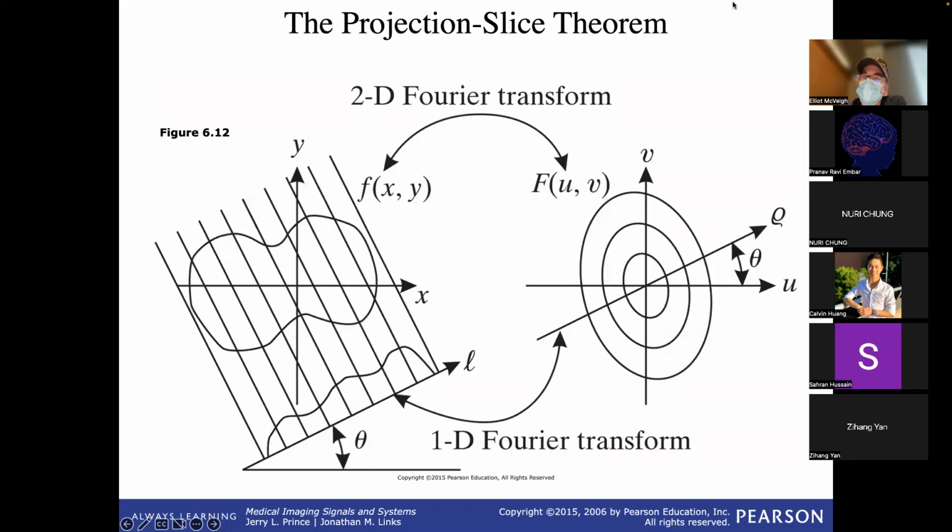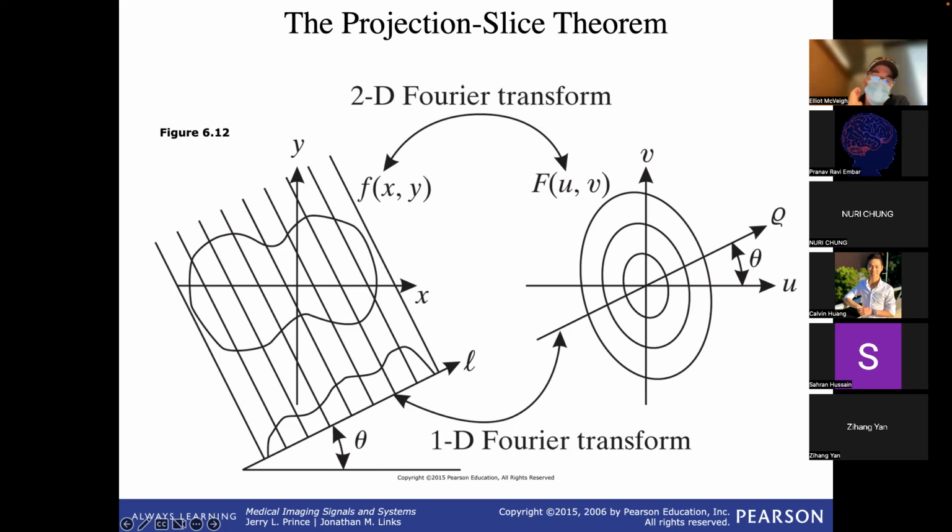Okay, and so this concept is one of the, if you remember anything from the course on the CT part anyway, it would be the projection slice theorem. Just remember the projection slice theorem because it's very cool. And to me, it's not obvious.